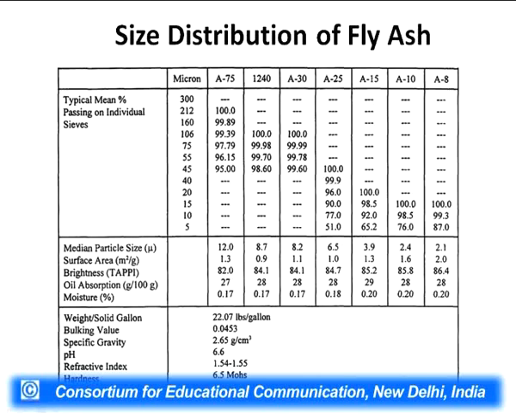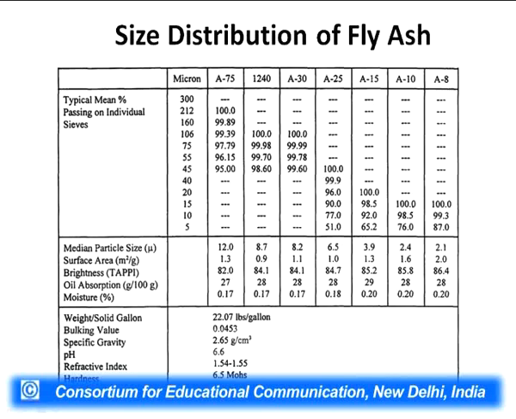Their sizes were selected: 300, 212, 160, 106, 75, 55, 45, 40, 20, 15, 10 and 5 micron. In one of the samples, the sieve of size 212 micron passed around all the fly ash, I mean 100%. So we can say that fly ash size can sometimes go over 100, but generally it varies from 100 or 150 micron down to 1 micron.